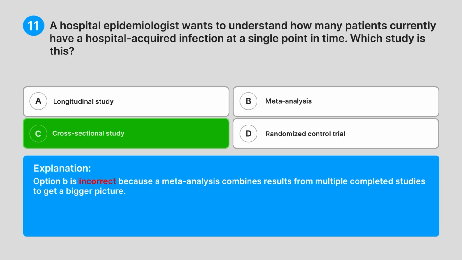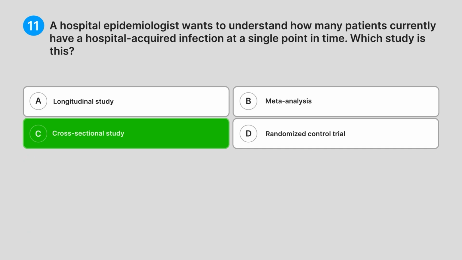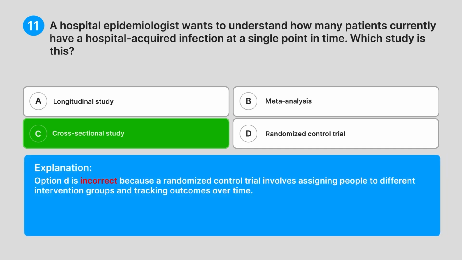Option B is incorrect because a meta-analysis combines results from multiple completed studies to get a bigger picture. Option D is incorrect because a randomized control trial involves assigning people to different intervention groups and tracking outcomes over time.